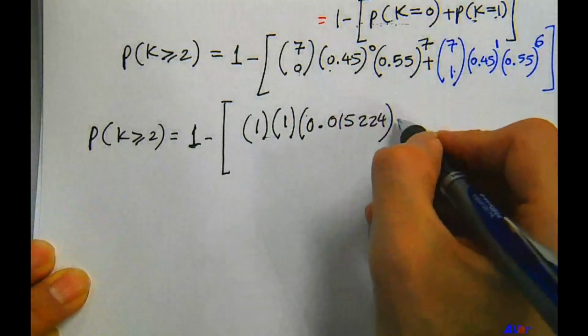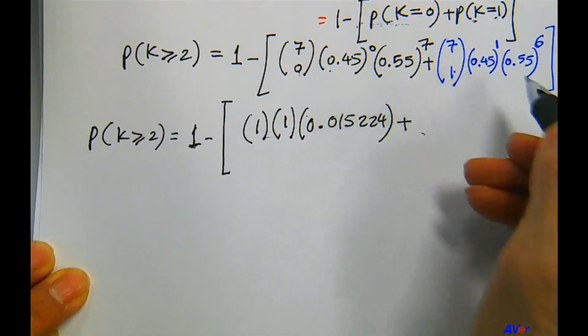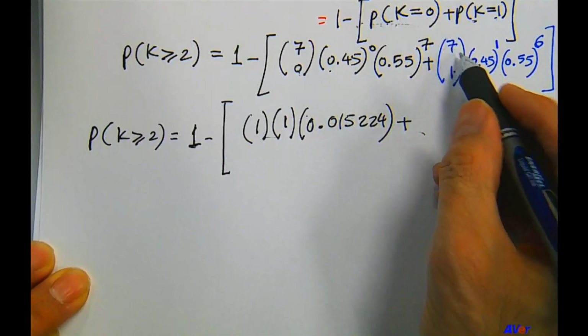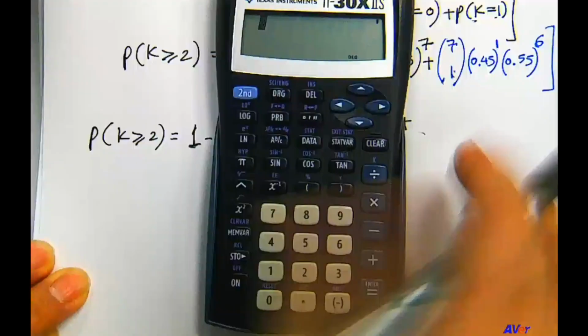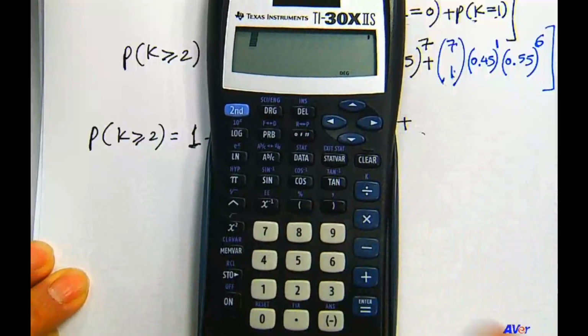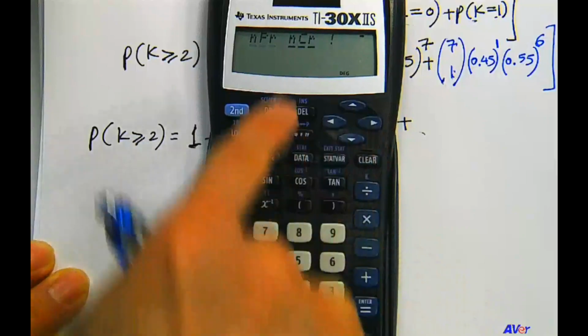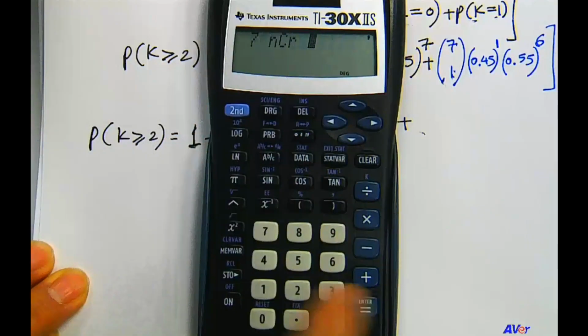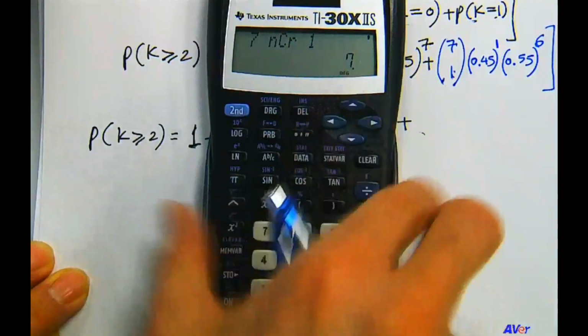Now plus 7 choose 1, it's going to be 7, because in how many ways can we choose 1 out of 7? 7 different ways. So let's calculate it. 7, the PRB button, use the arrow key to go to nCr, hit enter, and then enter 1. 7 choose 1, hit enter, we get 7.